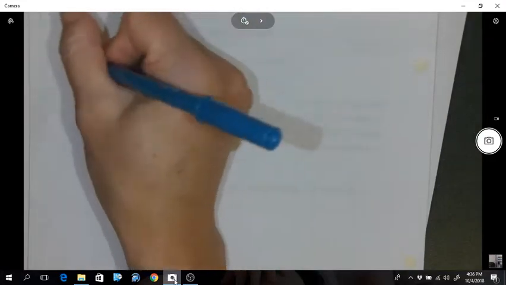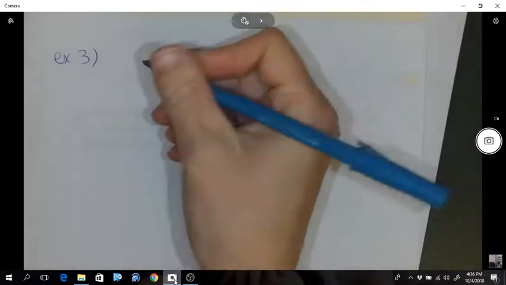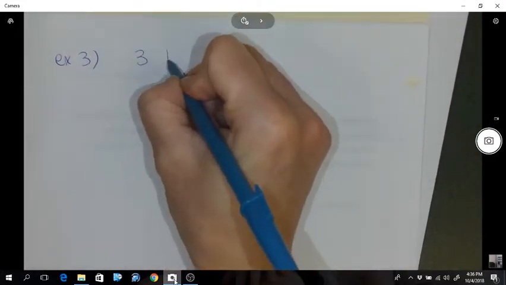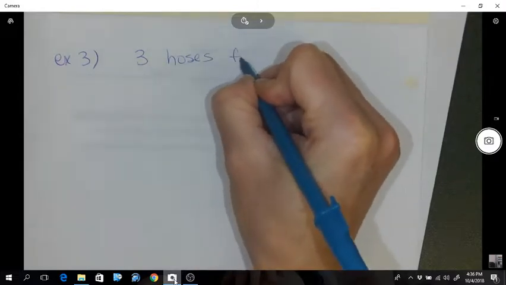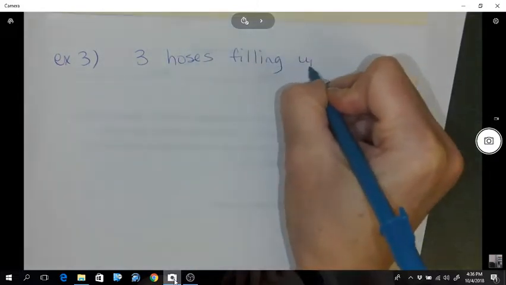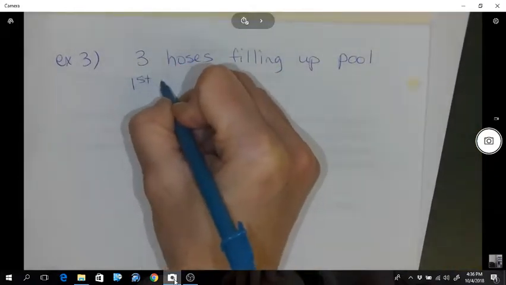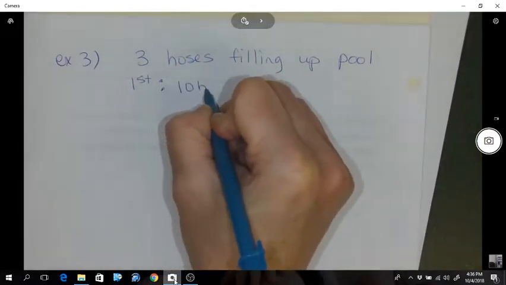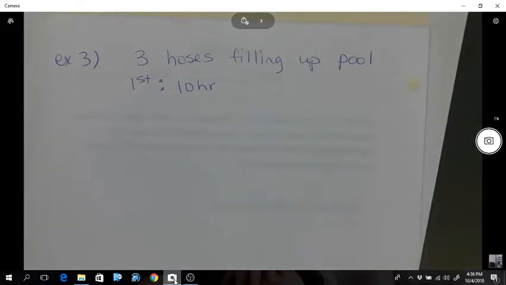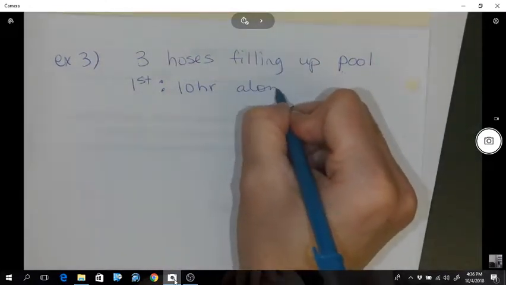Okay, next one. Example 3. You have 3 hoses filling up a pool. The first hose, if you just use the first hose, it would take 12 hours to do it.